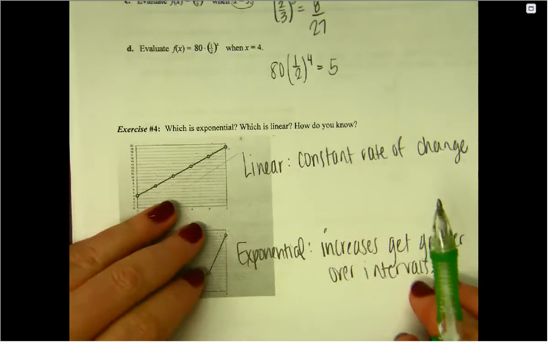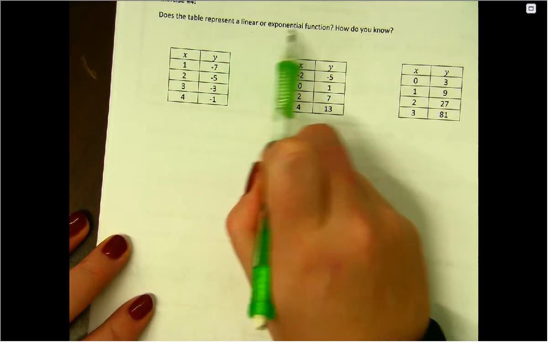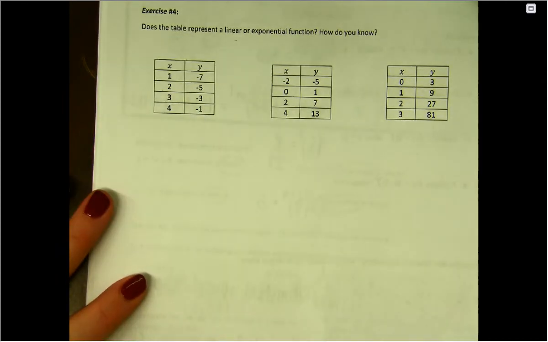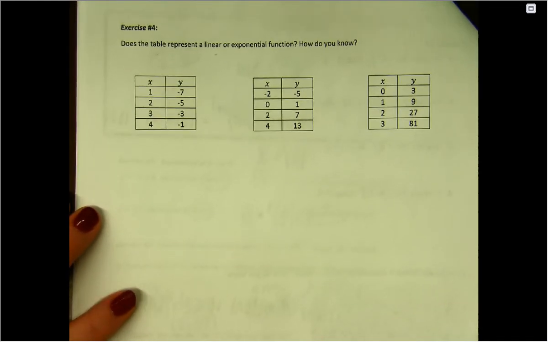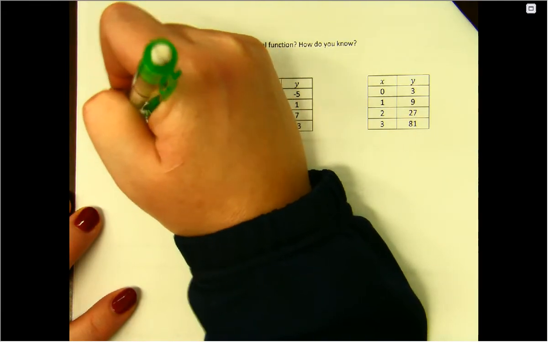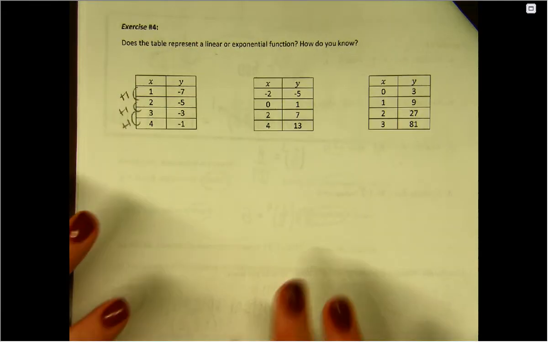All right, and then we are on to our last example. This one is the toughest one. Does the table represent a linear or exponential function? How do I know? So what I'm going to do here is decide on how these numbers are moving. Left-hand side, I'm adding 1, adding 1, adding 1. Okay, good.